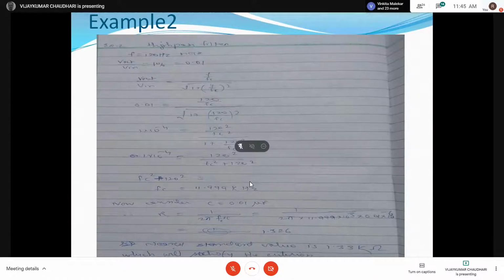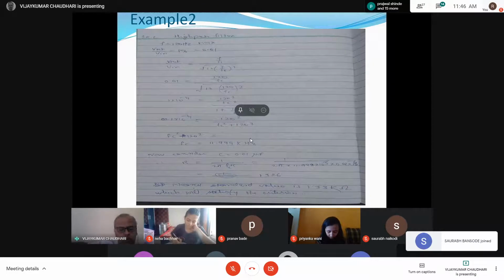Find out the value of V out upon V in. If a 30 kilohertz signal is given to the filter, our high pass filter, what will be the gain or attenuation, whatever it is?